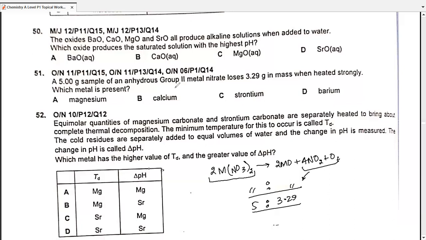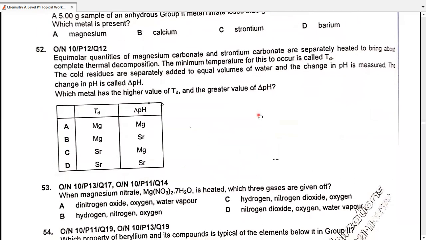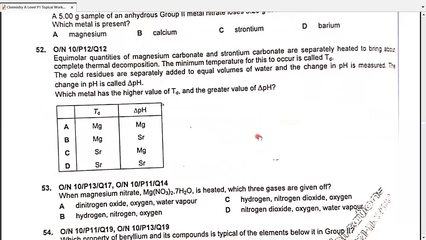All right, 52. Can I erase it? Yes, sir. Okay, 52. Quantities of magnesium carbonate and strontium carbonate are separately heated to bring about complete thermal decomposition.